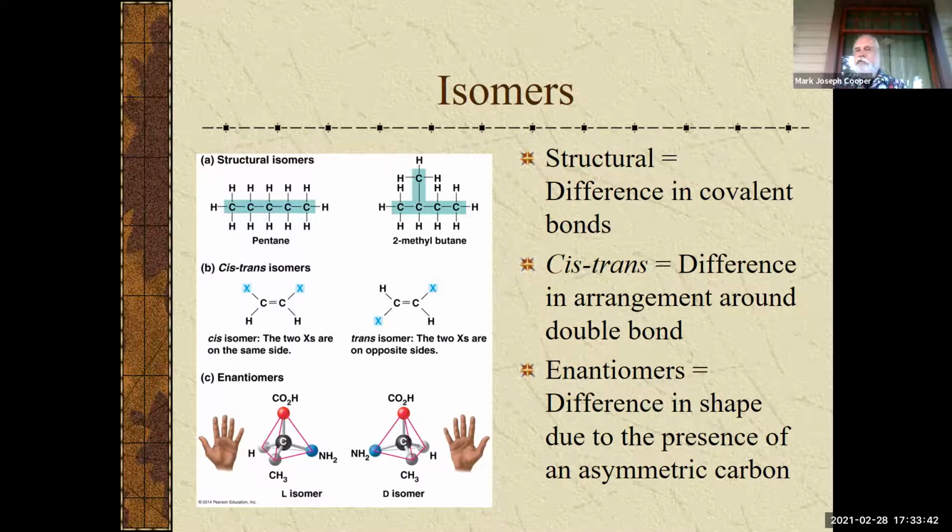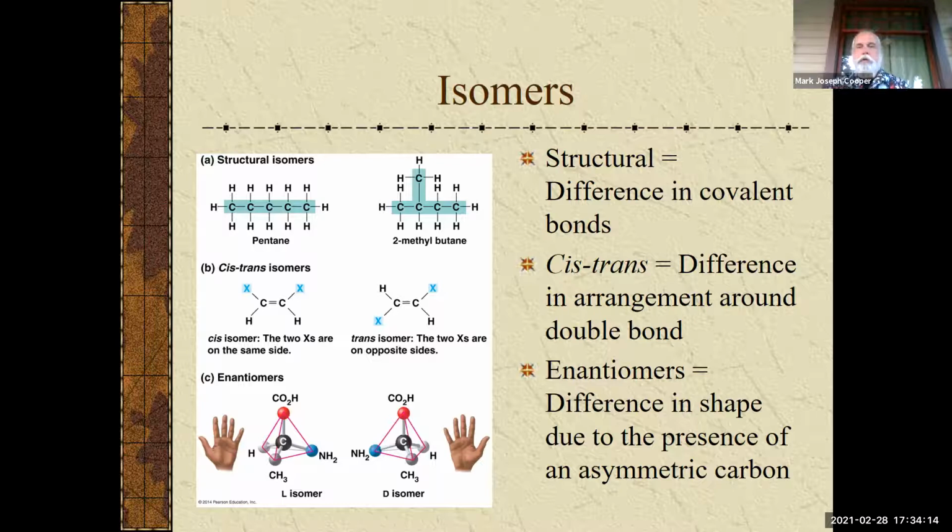All right, so there are isomers. In the chemistry section, we talked about isotopes, elements that have a different number of neutrons. Well, here, isomers are chains or rings that have the same molecular formula, but they are shaped differently, which means they will act slightly differently. And there are 3 different types of isomers I want you to know.